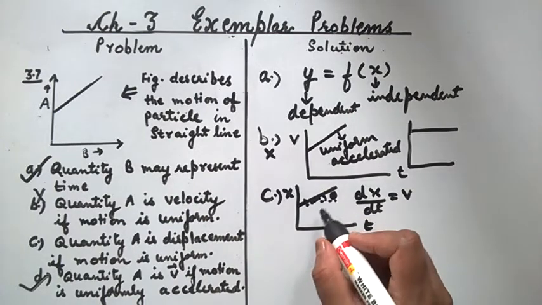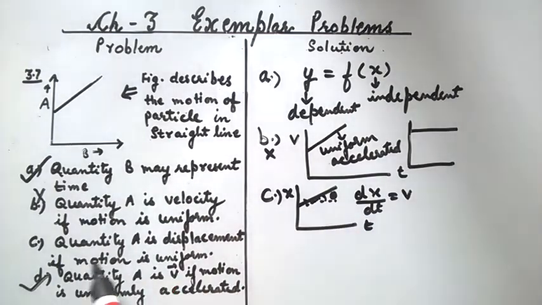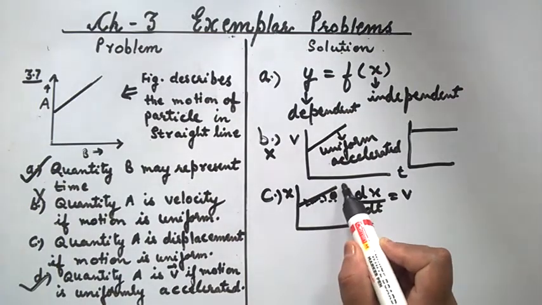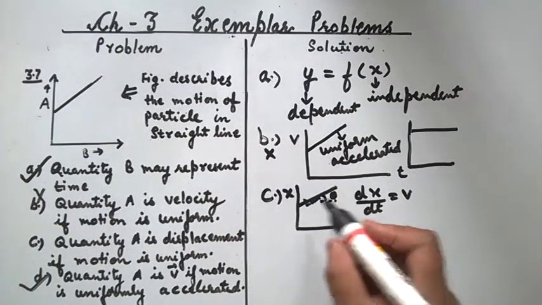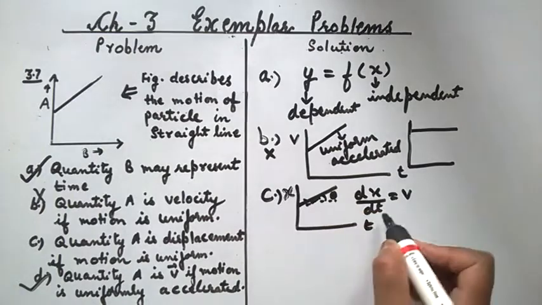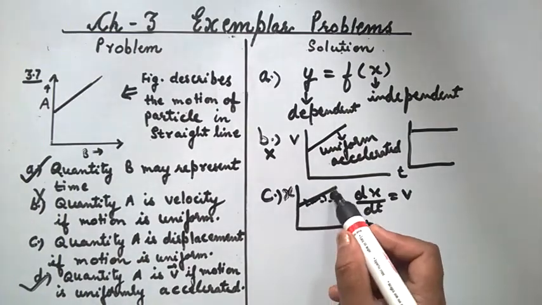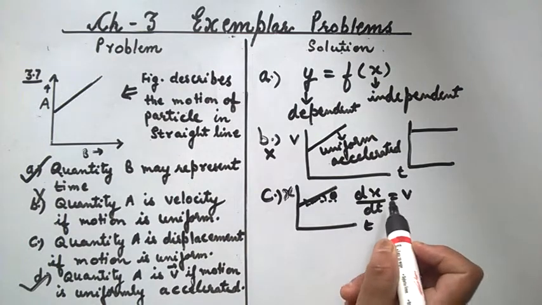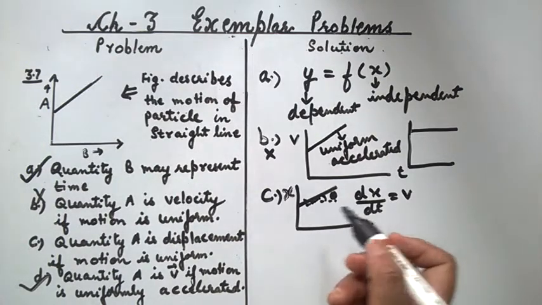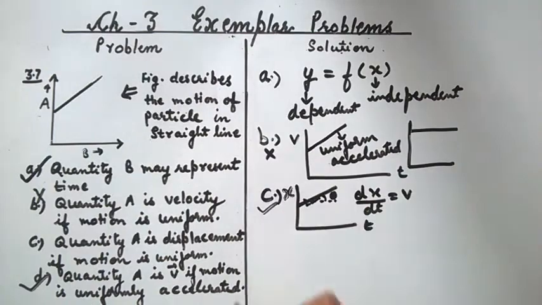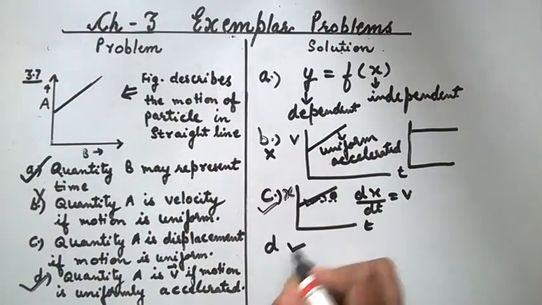So we can say that if motion is uniform, then quantity A is displacement. Here it is correct because the position of the object is changing uniformly with respect to time. So this is the correct one and D is also the correct option.